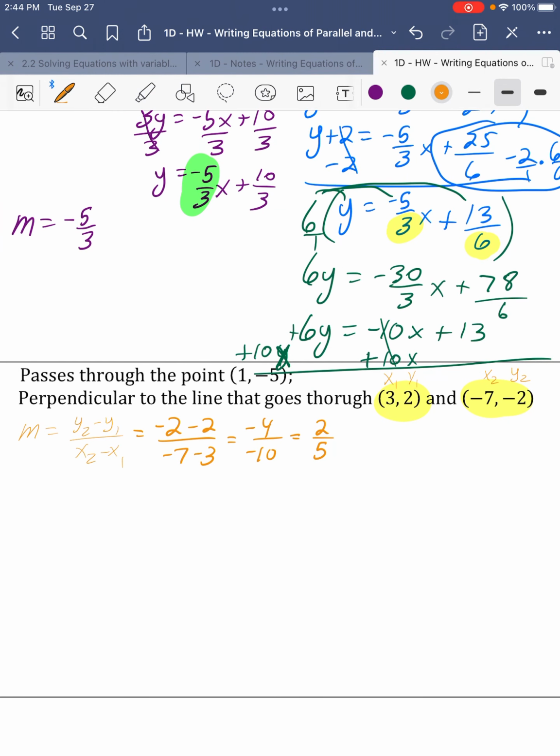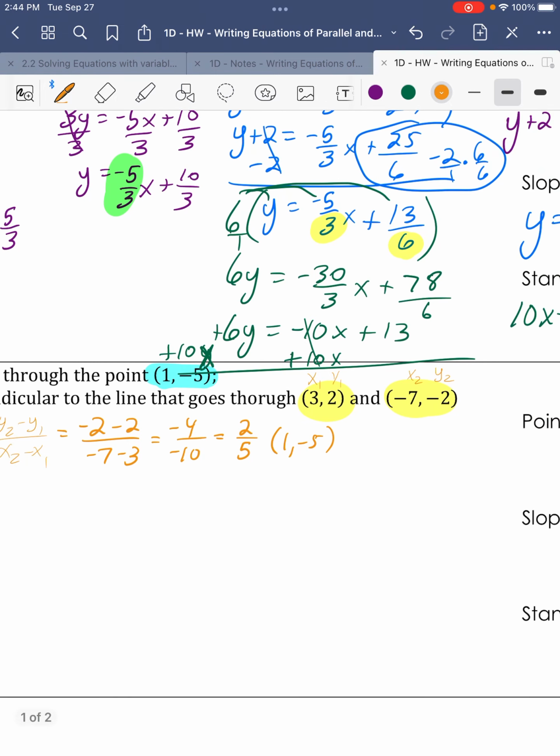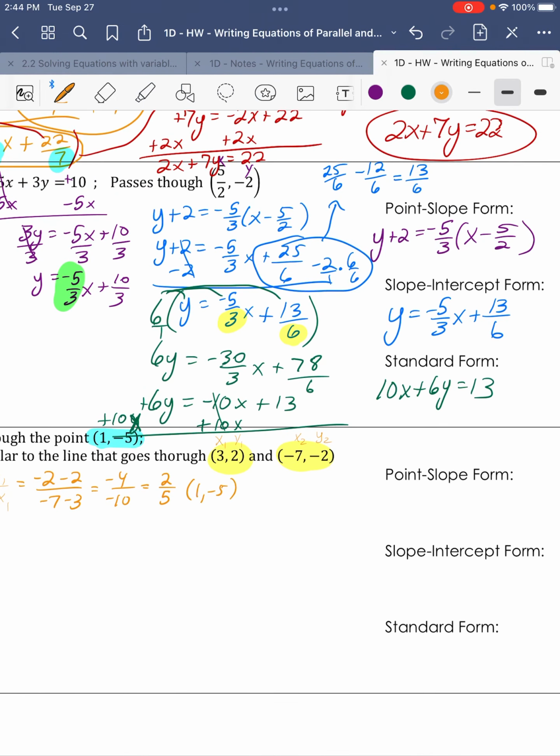All right, and now we have to look at this point that's given to us, 1, negative 5. So if we have a slope and we have a point, you can get it in point slope form. So it's y minus negative 5, so that's plus 5, equals the slope times x minus the x1.